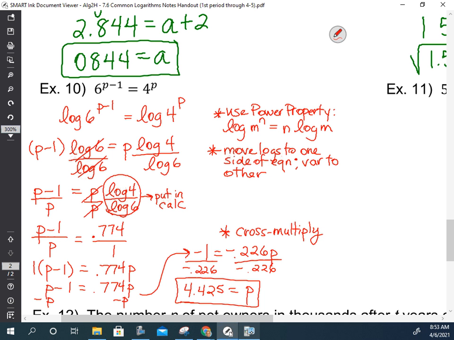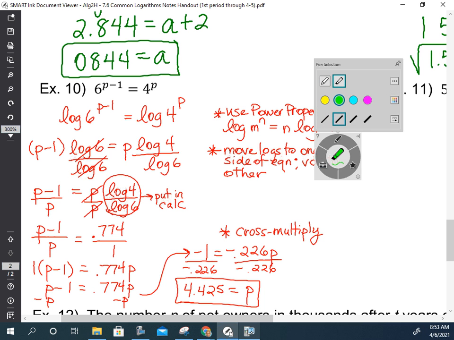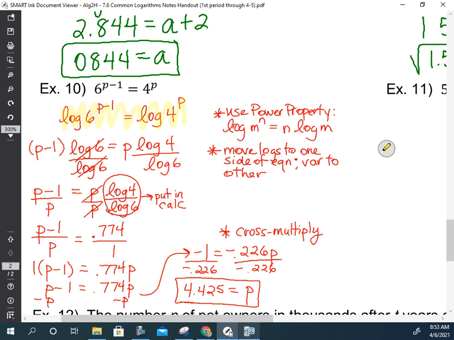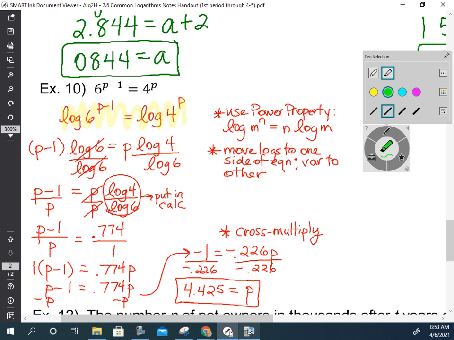Just to recap what each of the steps were. We started out by giving the log to each side of the problem. Then we moved the exponents on each side.